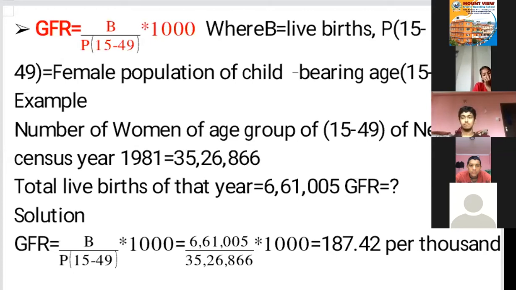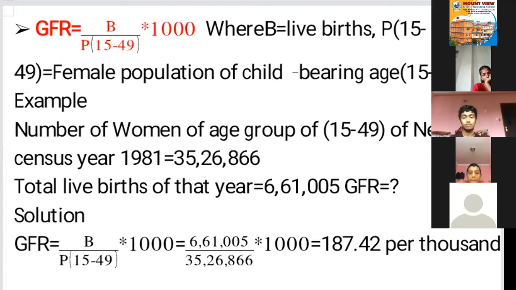So P 15 to 49 means the female population of childbearing age. Childbearing age means 15 to 49. That's the meaning of P 15 to 49, multiplied by 1000. That's the meaning with its formula.